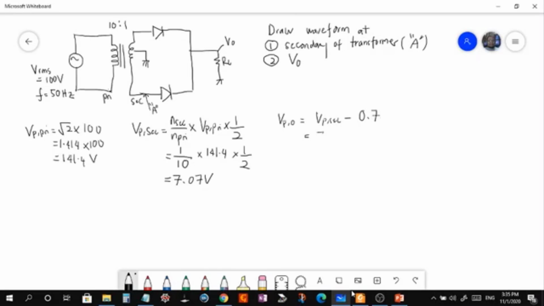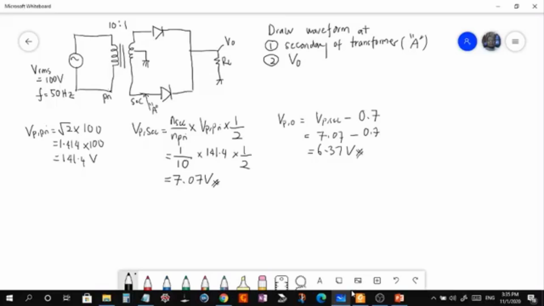So this is 7.07 minus 0.7, equal to 6.37 volt. So now you have the value for V peak secondary and the value for V peak output.